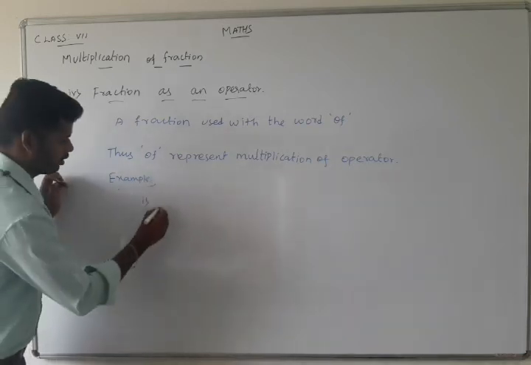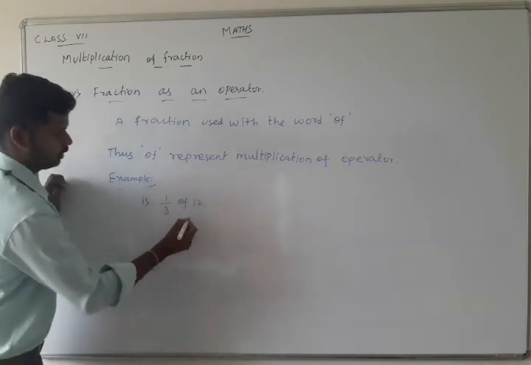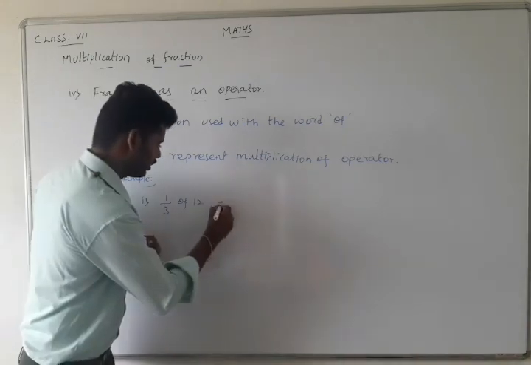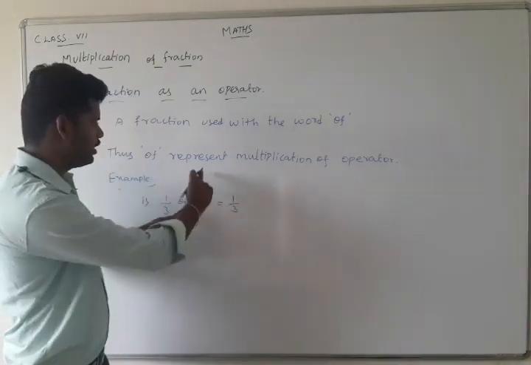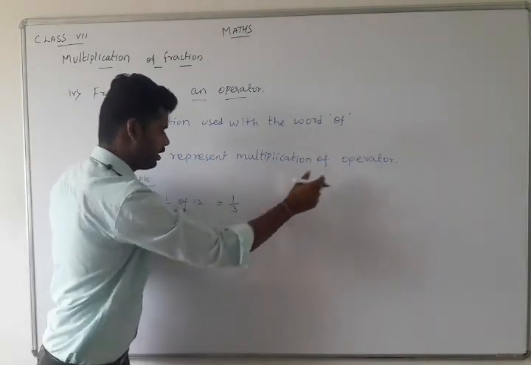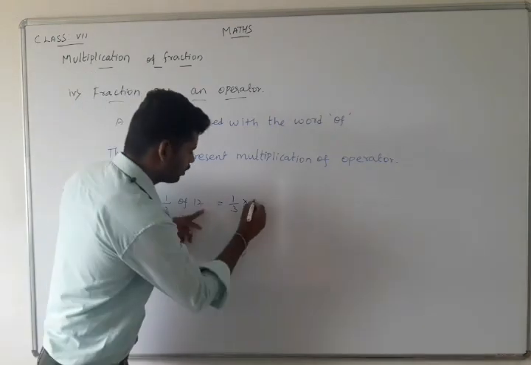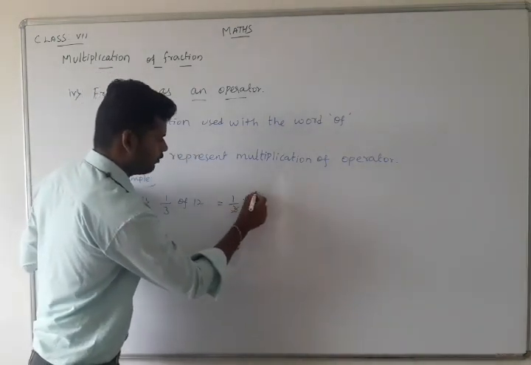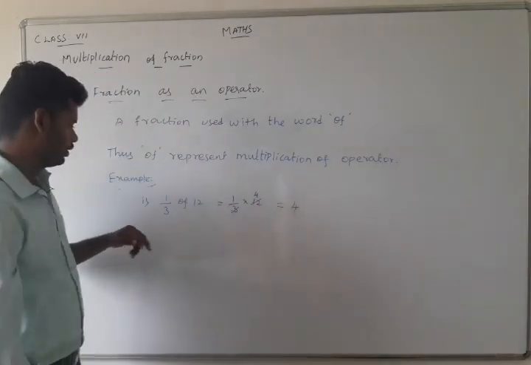First one, 1 by 3 of 12. Here 1 by 3 of 12 equal to 1 by 3. This one, of means multiplication operator. So you put the multiplication symbol. Next one, 12. 3 how many times of 12? Here 4 times. So equal to 4.